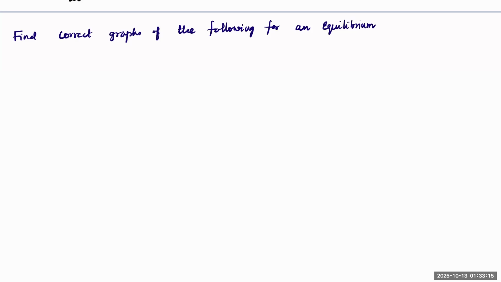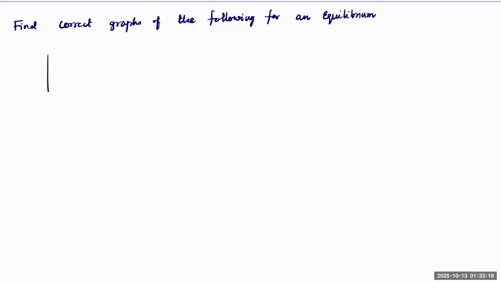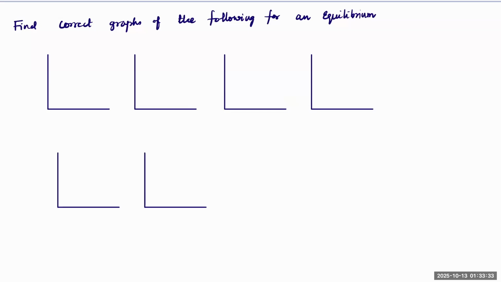Basically, they have given different parameters on the x-axis and y-axis, and different types of graphs have been given, and you are supposed to figure out which of them are correct ones.